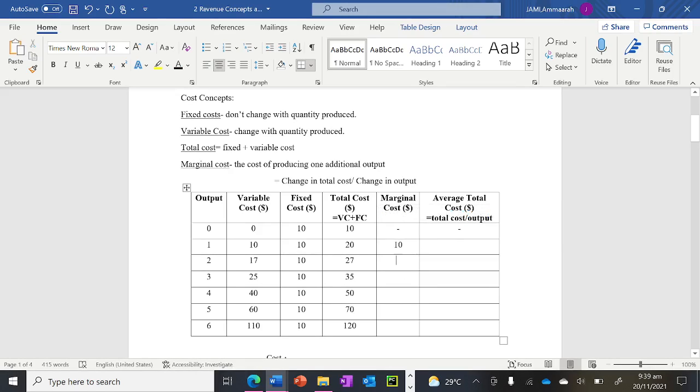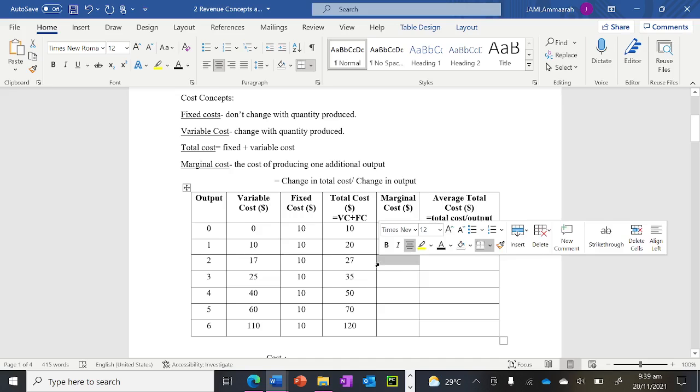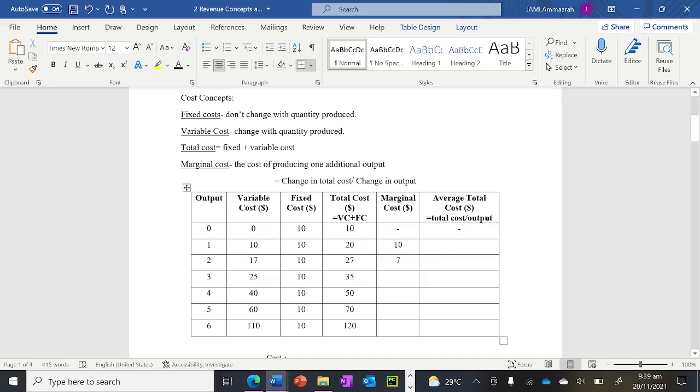Then your marginal cost for producing 2 units of output would be the additional cost you incur when you go from 1 unit of output to 2 units of output. The cost from producing 1 unit of output was 20. Now the cost from producing 2 units of output is 27. So your marginal cost would be 27 minus 20, which is 7. The same here with 3 units of output.